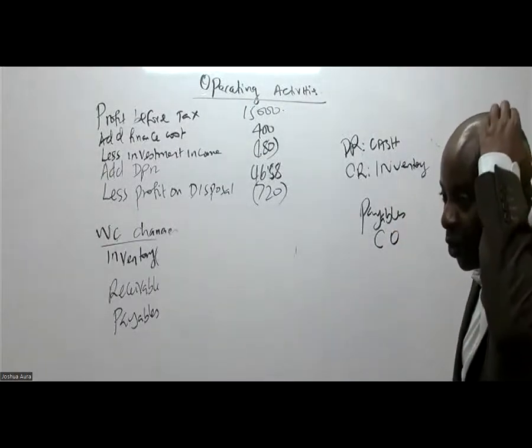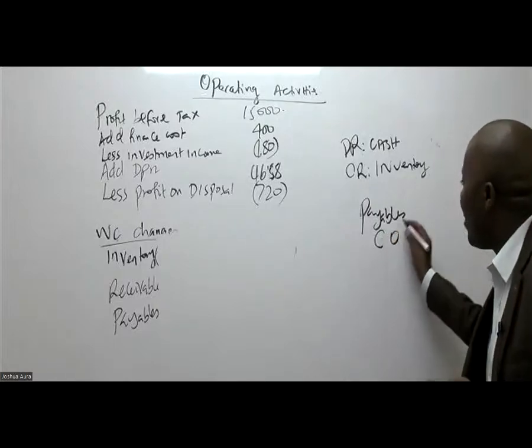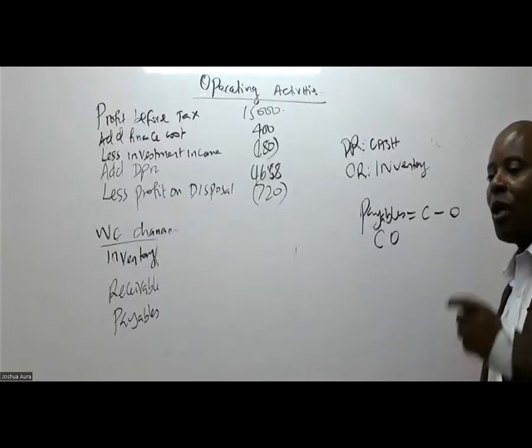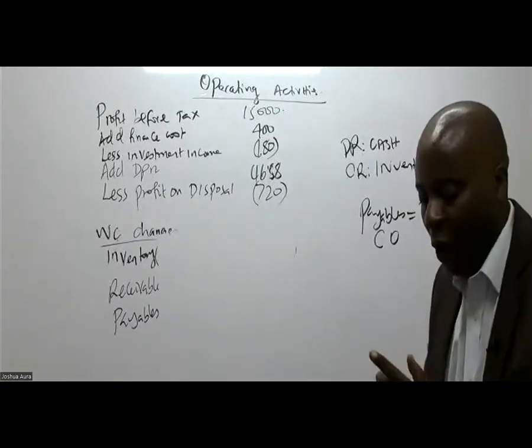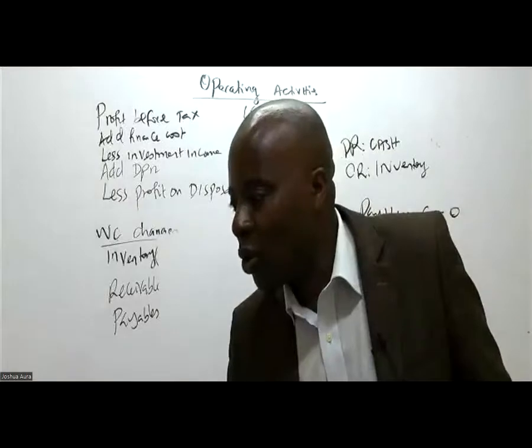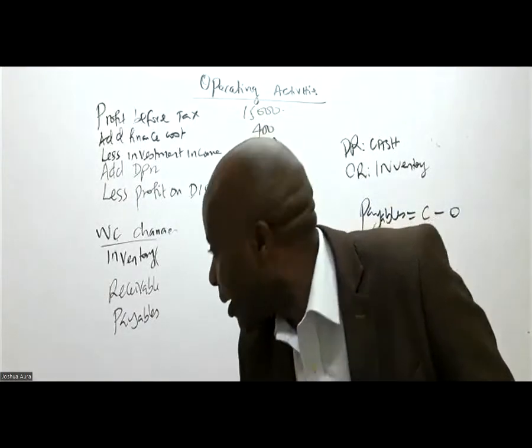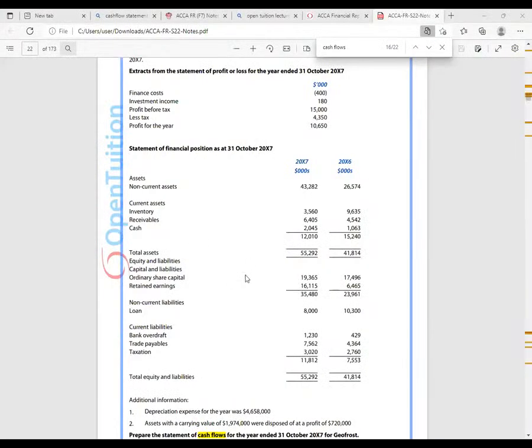Commanding officer means you take the closing minus opening. Could you kindly go to the payables and give me the closing amount? Remember, the closing will be for the current year.